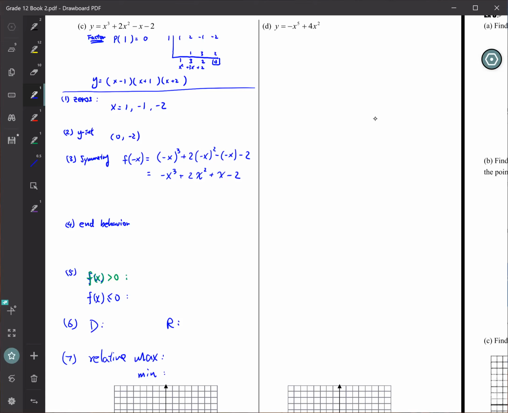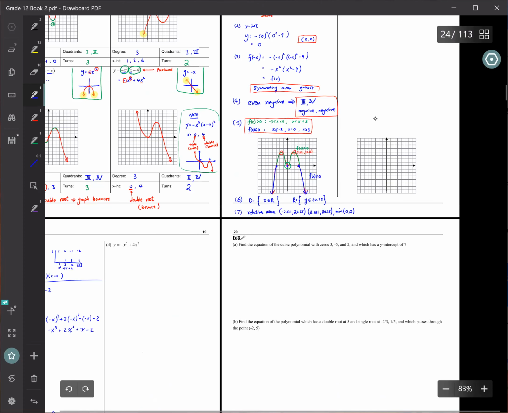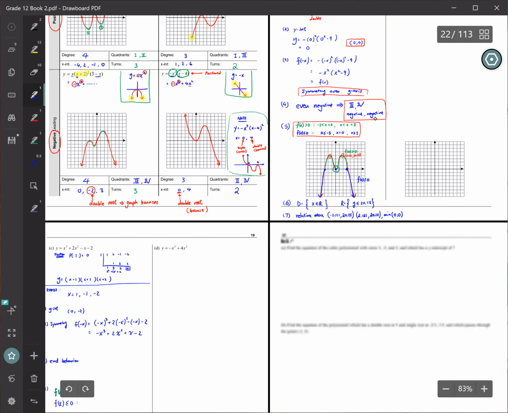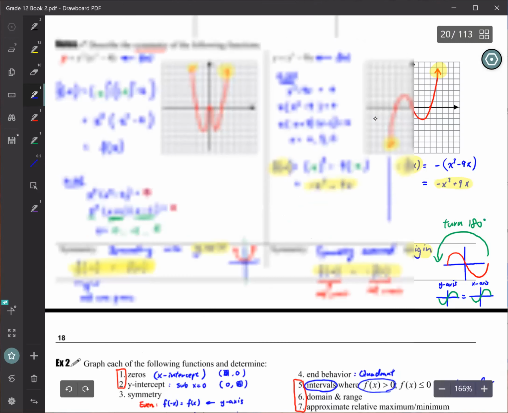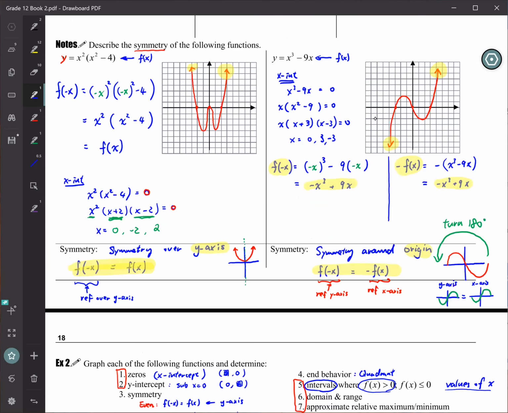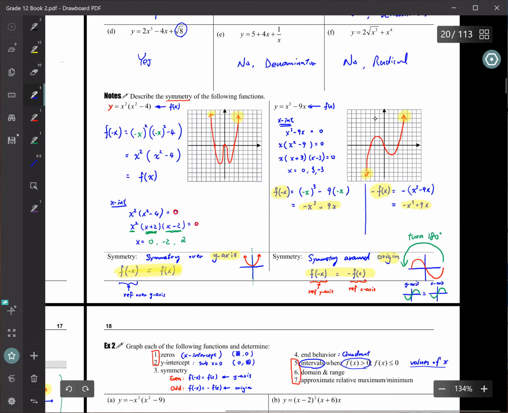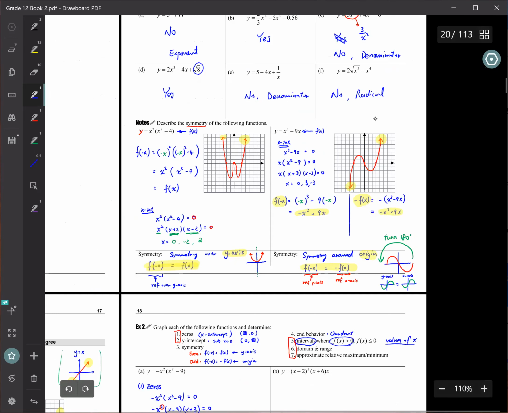No. Look at the rule, the yellow highlighted at the bottom. The left side, f of negative x, needs to equal f of x, the original. Then you will know it's reflected over y-axis. So this one is not reflected over y-axis.